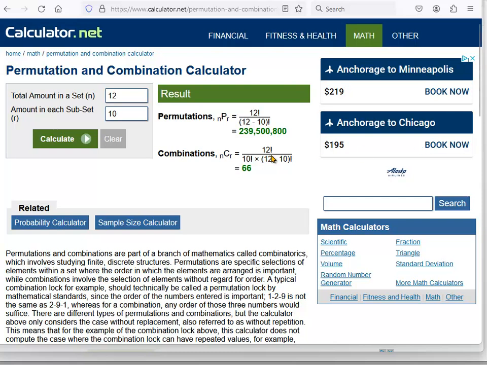These 66, you can come up in a different way, and that is saying, okay, for the 2 remaining cards, there's only 12 possibilities for the first one, and for the second one, there's only 11 possibilities. 12 times 11 is 132, but the order doesn't matter, so you divide by 2 factorial, which is 2, and that's how you get to 66.